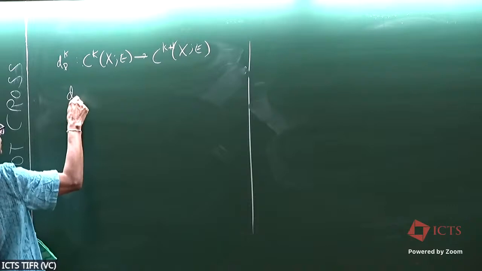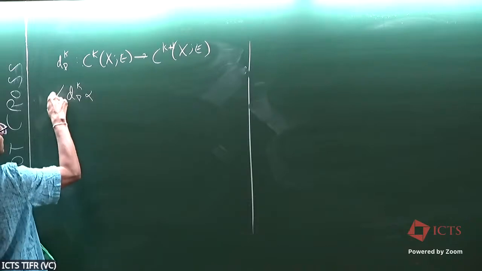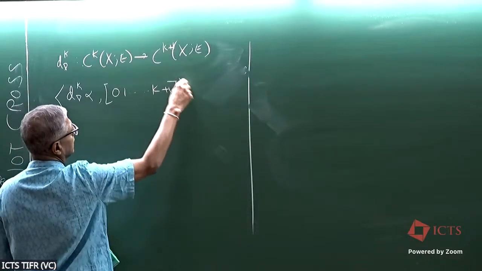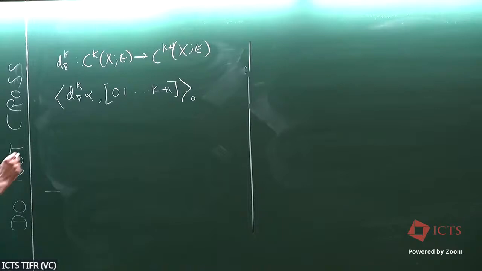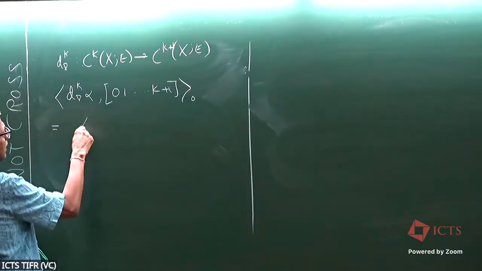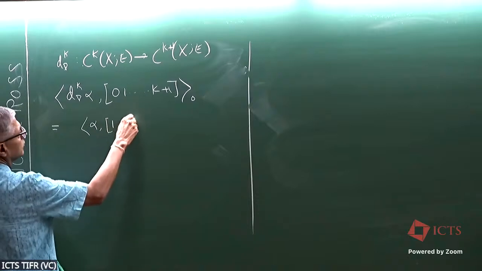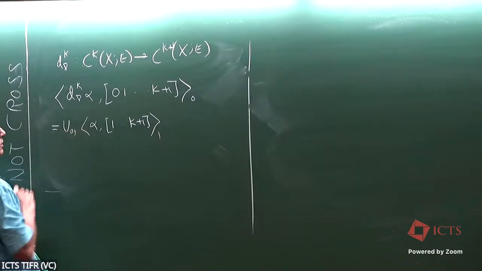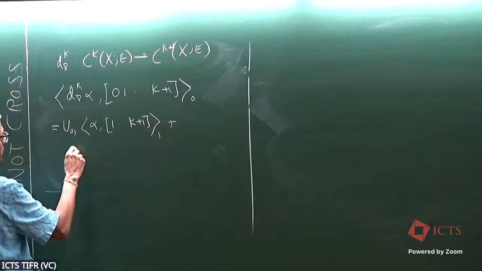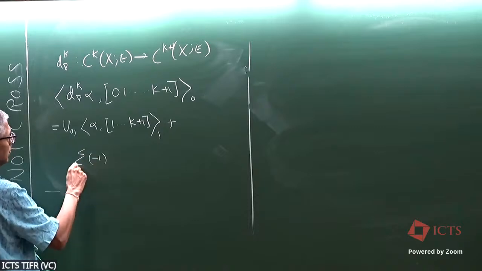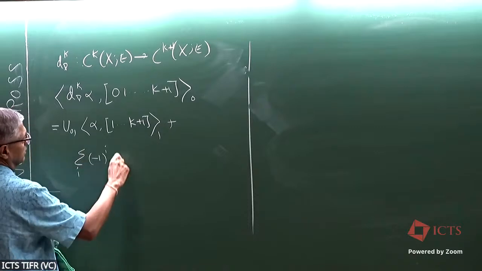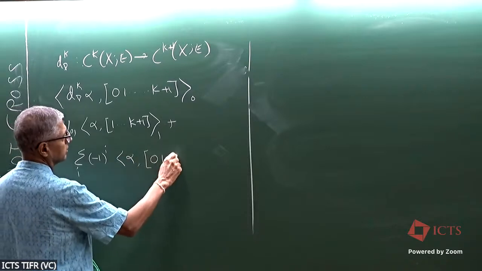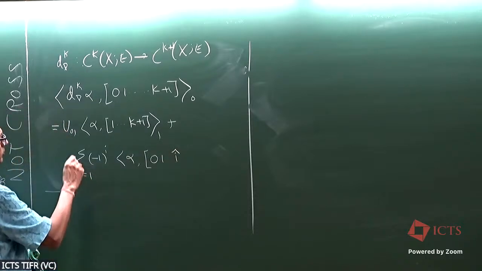And d nabla of alpha evaluated on a (k+1)-simplex living at 0 is going to be alpha at 1 through k+1. That lives at 1, so that needs to be transported. And after that, you have the summation of (-1)^i alpha at 0, 1, with i missing, where i goes from 1 through k+1.